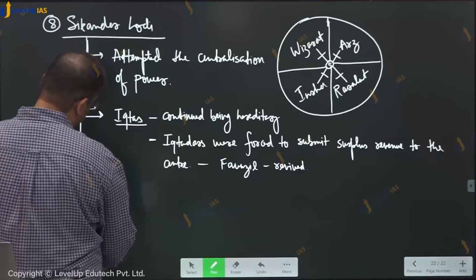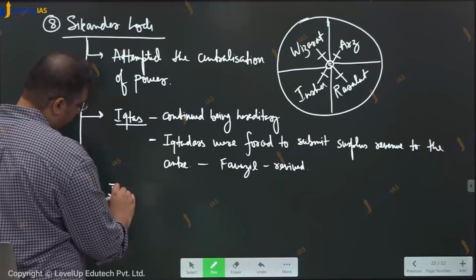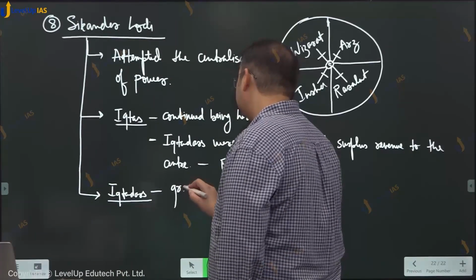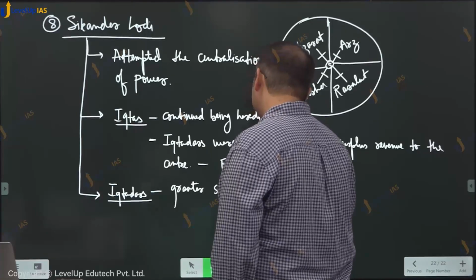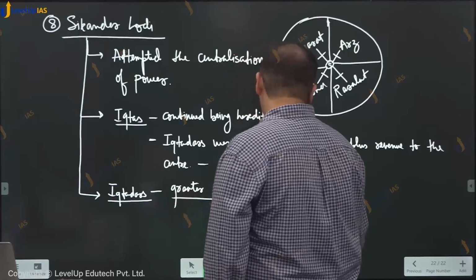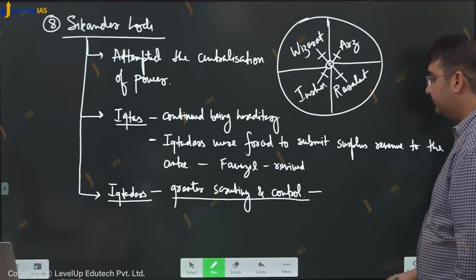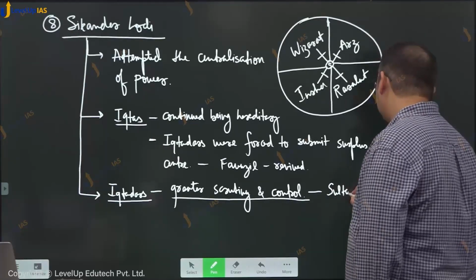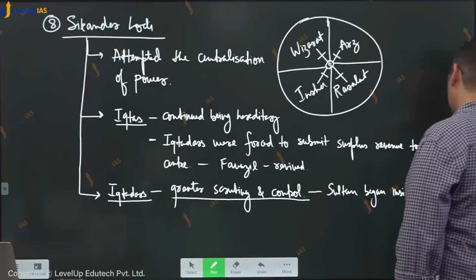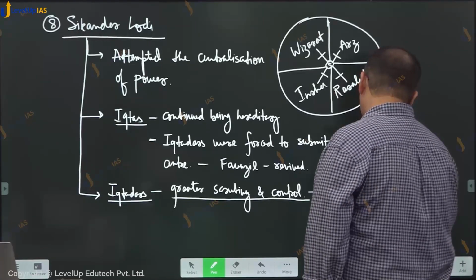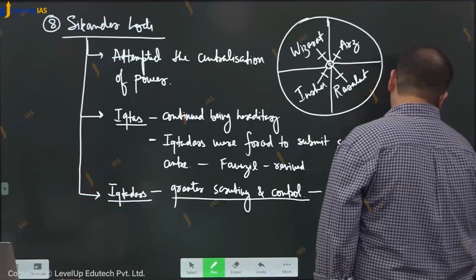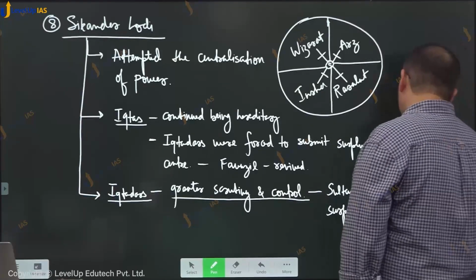Secondly, the Iqtadars were brought under greater scrutiny and control as the Sultan began insisting on surprise inspection of military readiness.